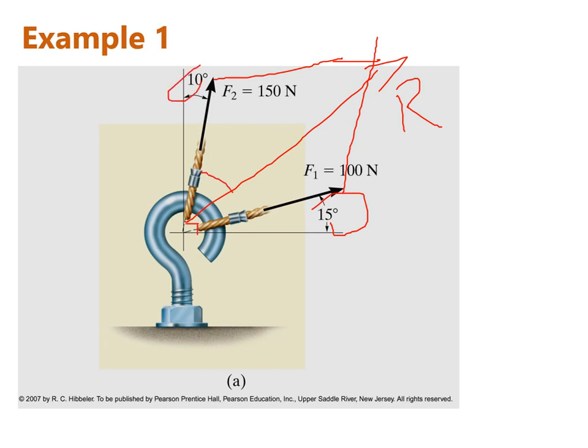So between this F1 and F2, we know what the angle is going to be. That's 90. So that's going to be 90 minus 25. So we get 65 degrees. So we know that is 65.